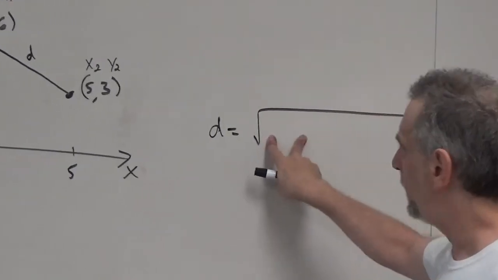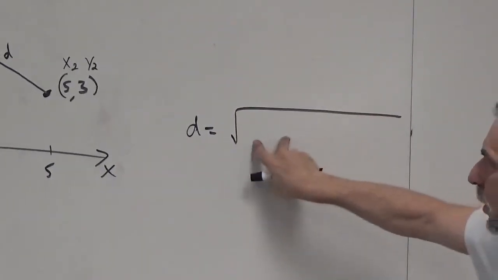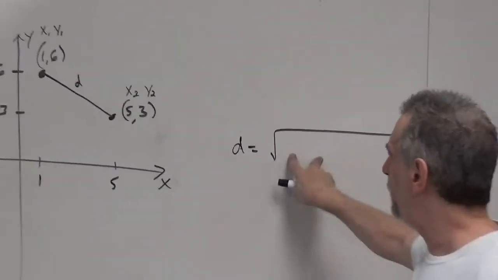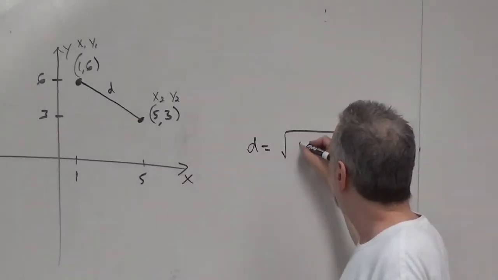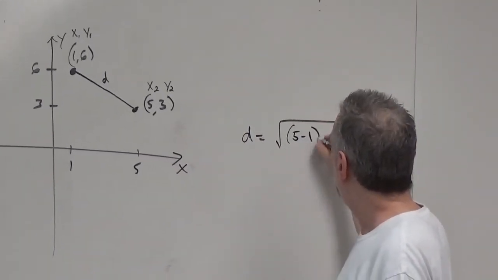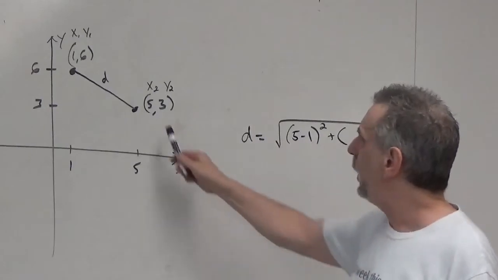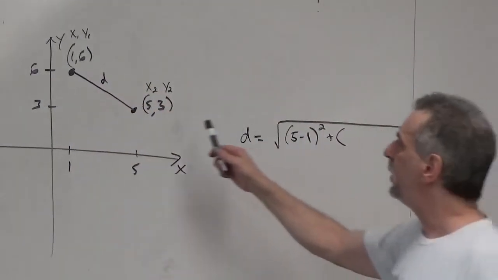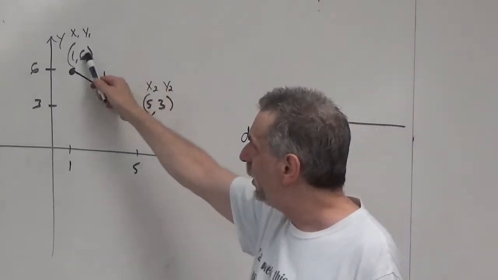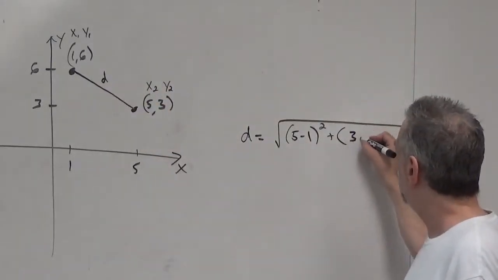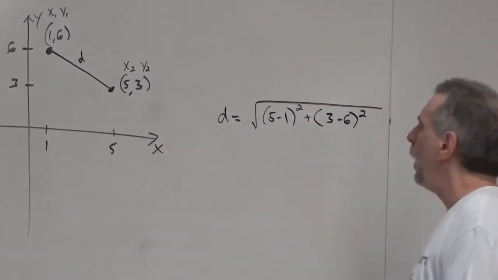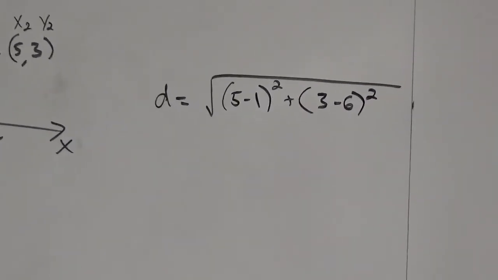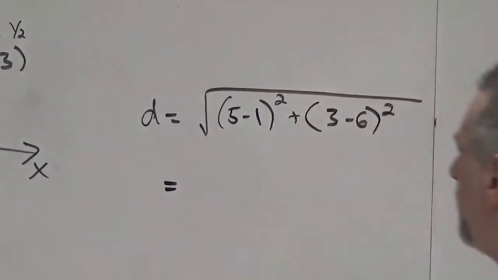And again, it doesn't matter if you put the difference in the x's first or second, since we're adding. I generally just put the x's first. So the difference in the x's squared, x2 minus x1 squared, plus the difference in the y's using the same direction, 3 minus 6 squared.